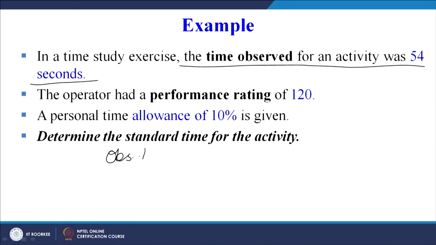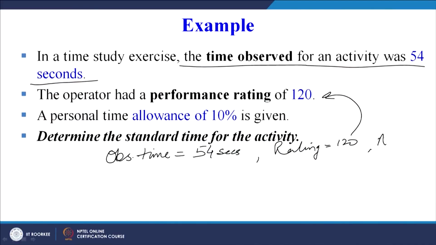If I try to solve this problem here, the solution is on the next slide. The observed time which is given to us is 54 seconds. Rating is given as 120. A personal allowance of 10% is given. We have seen personal, delay as well as fatigue allowance, but here only a personal time allowance of 10% is given.